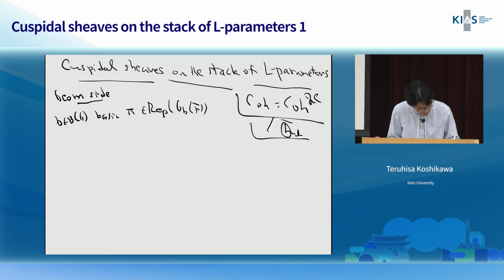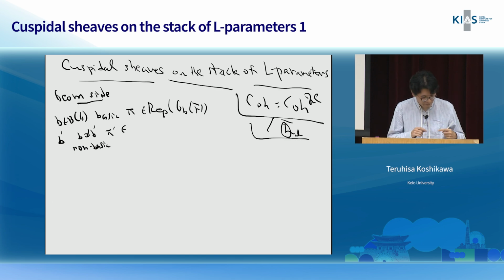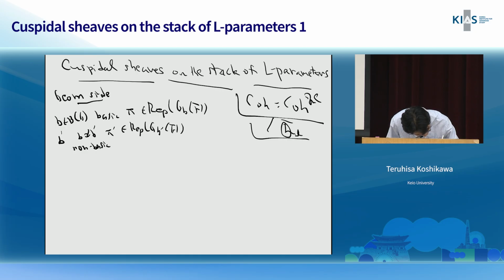But let's say I have another point, b prime, that's different from b, and another representation, pi prime. Let's say this is non-basic. Later I vary b, so this is a representation of G_b prime. And then I look at the RHom.